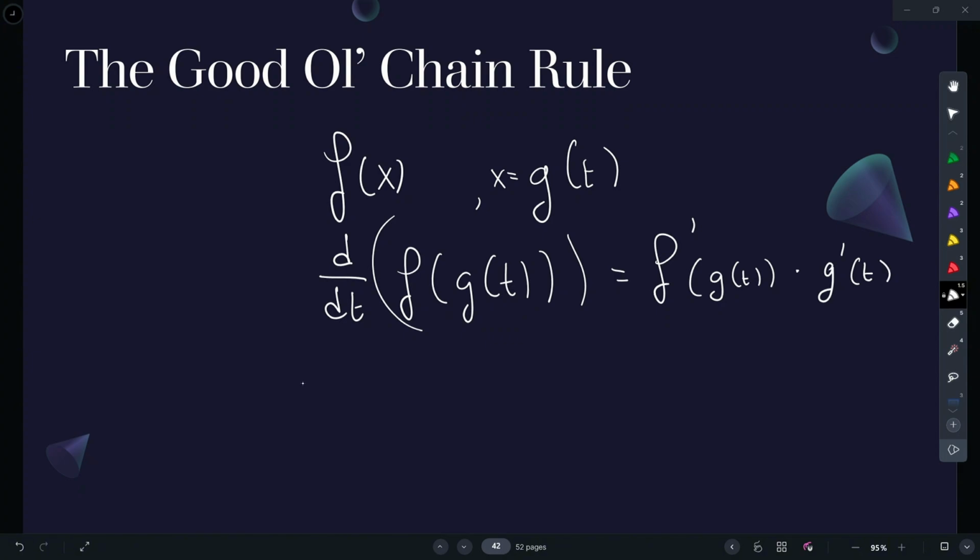We can write that as, what is the derivative of f of g with respect to t when I evaluate?